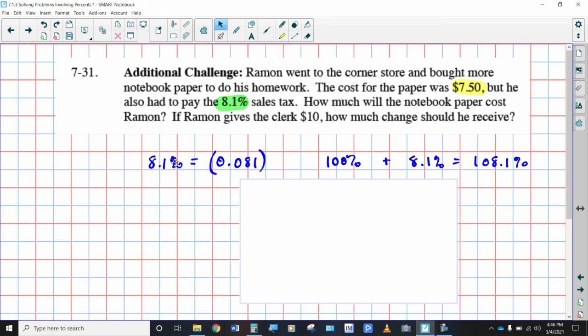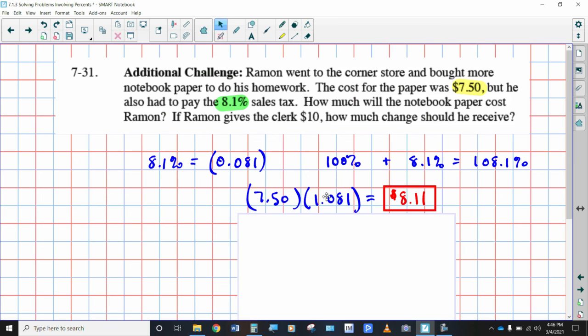8.1%. If we put that into decimal form, we will move the decimal 2 places left. It becomes 81 thousandths, or 0.081. Now, the original cost was 100%, $7.50, plus the additional 8.1% for the sales tax means our multiplier is going to be the decimal version of 108.1%.